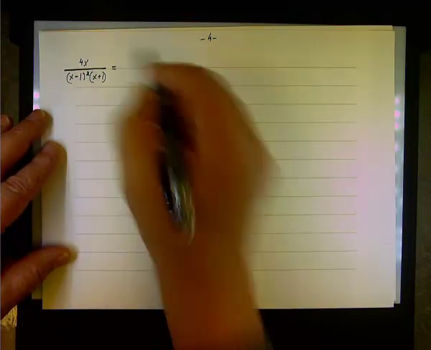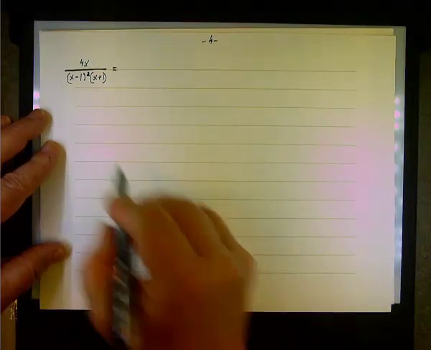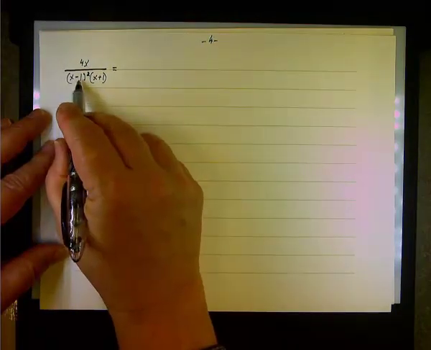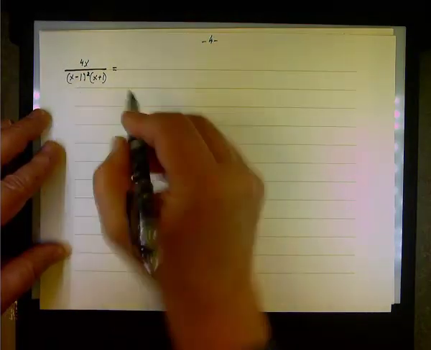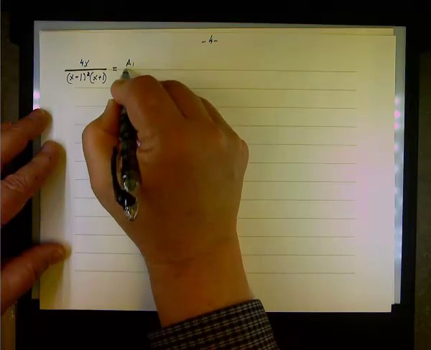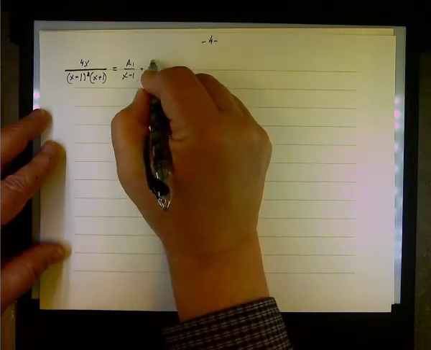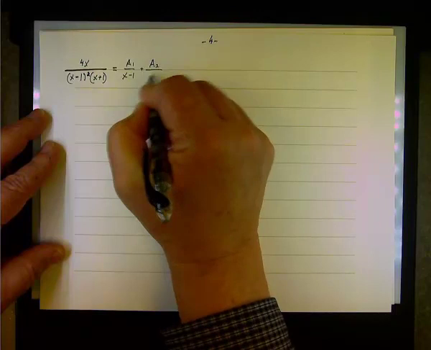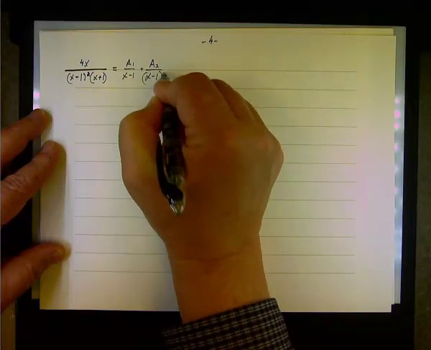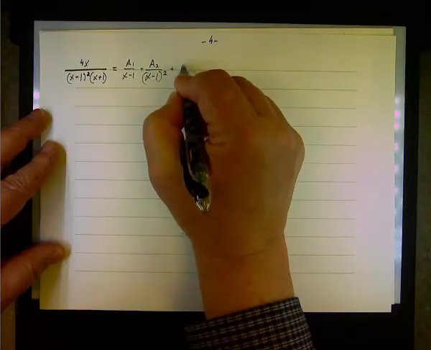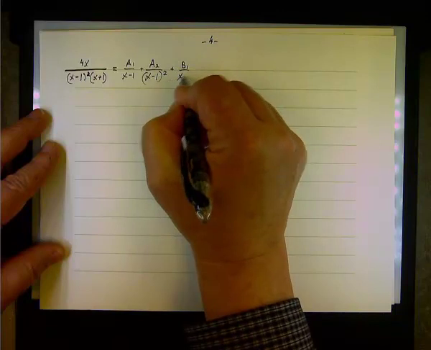And the decomposition will be the following. We have the x minus 1 repeated twice. So we have a1 over x minus 1 plus a2 over x minus 1 squared plus b1 over x plus 1.